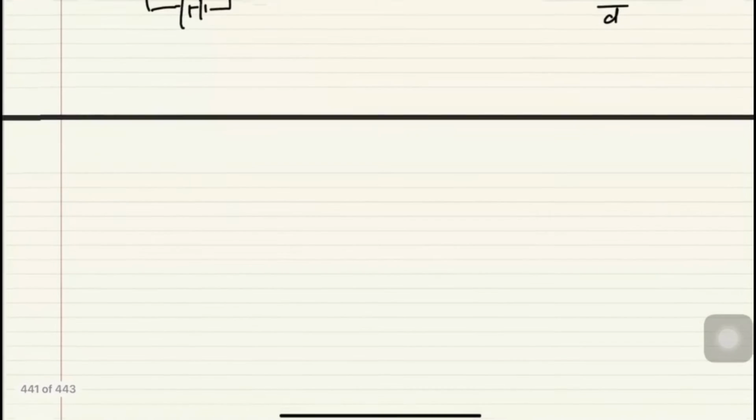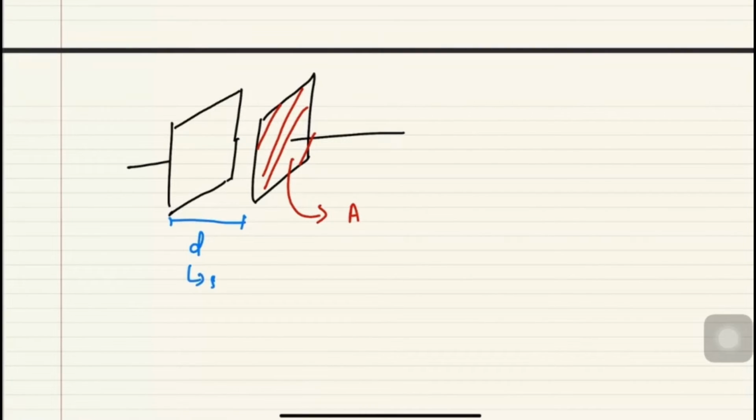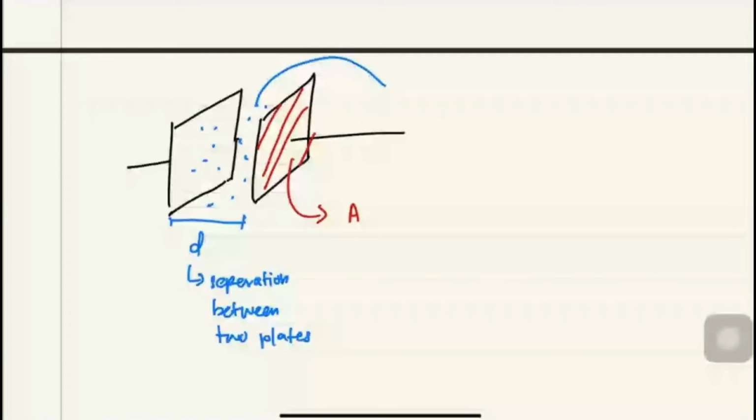So let me try to draw the capacitor. If the drawing is in 3D, it has two plates. The area here is actually the surface area of the plate. This is your A. The separation between the two plates is D. And then the material in between is your epsilon.